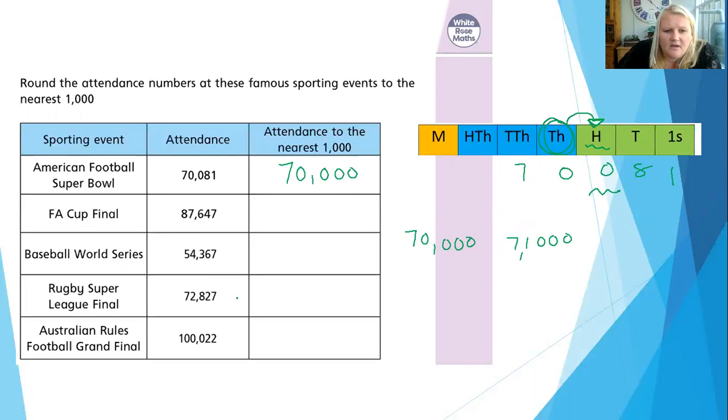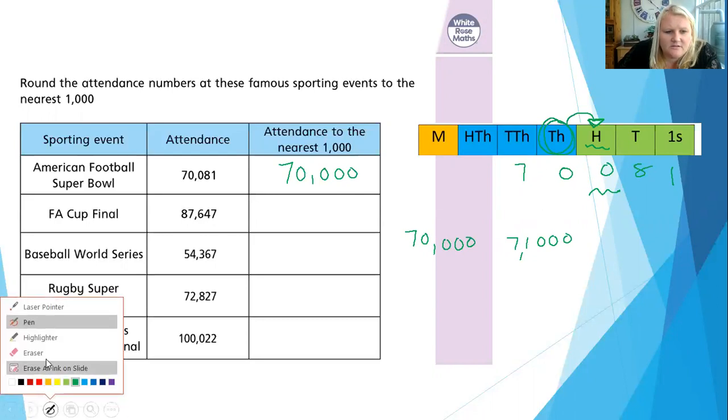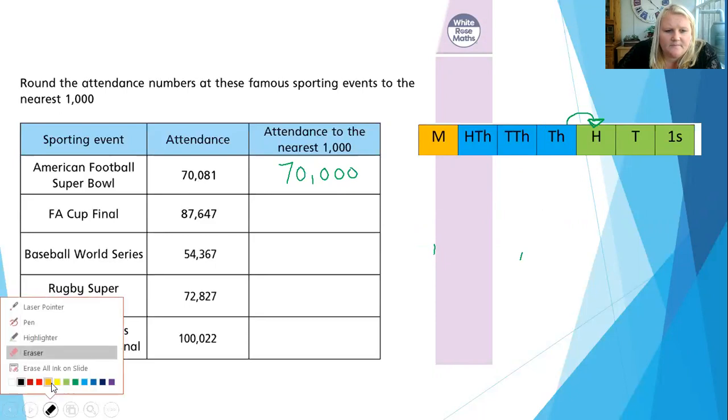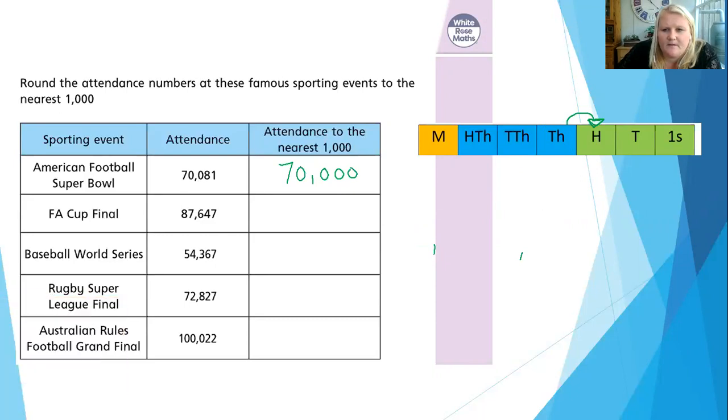Okay, and let's just clear this away and let's do the next one. So again, we're rounding to the nearest 1,000. So let's just make sure we know exactly what we're looking at. So we've got 87,647.